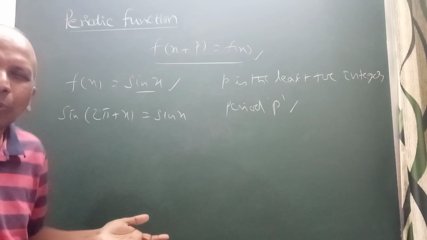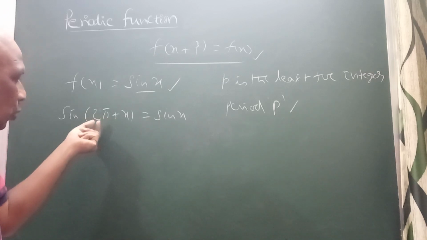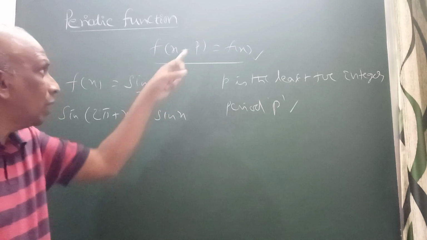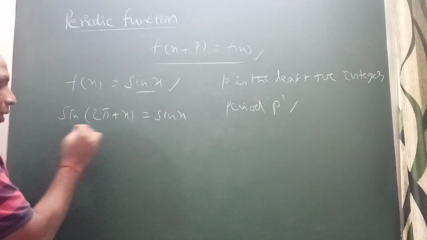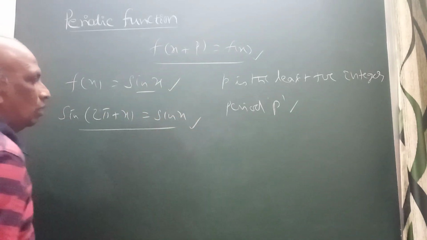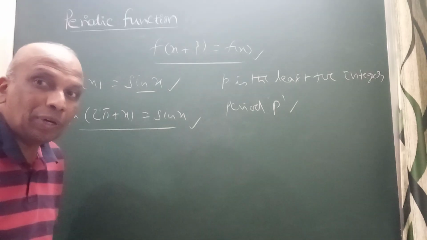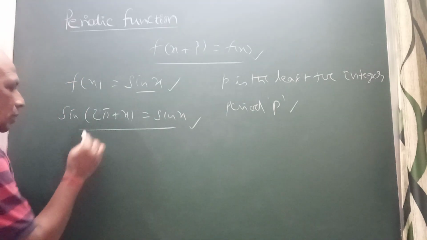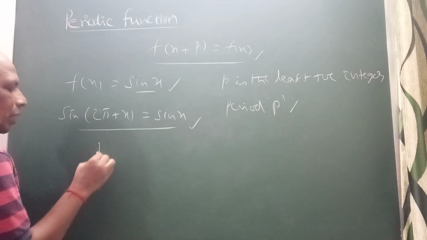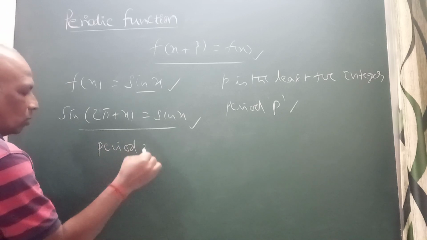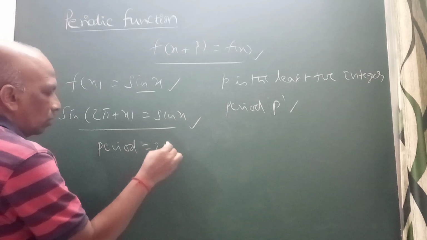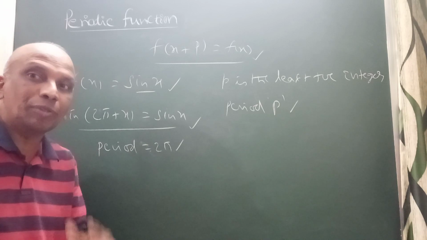2 pi is the least positive value, because you can try, you can't find any value less than 2 pi which satisfies this equation. So sin x is a periodic function with period 2 pi.